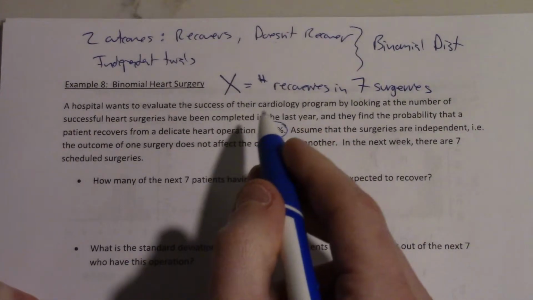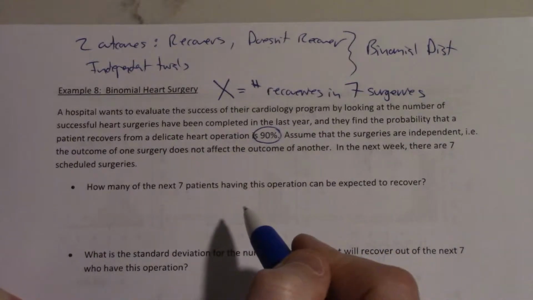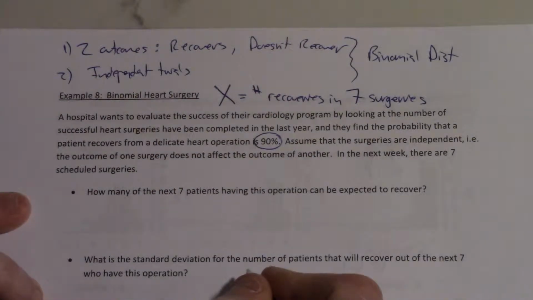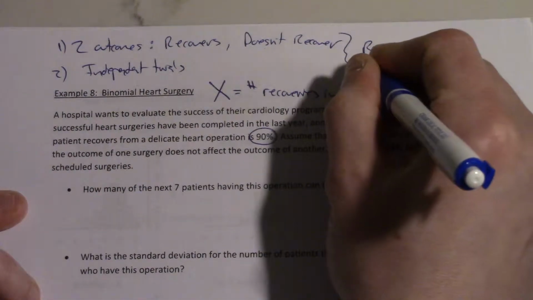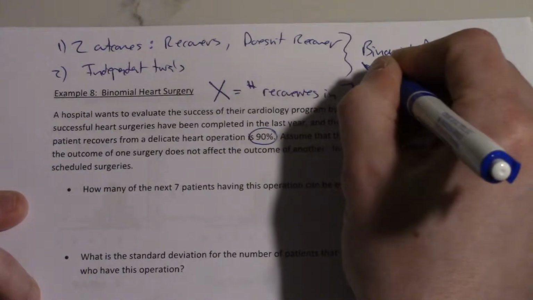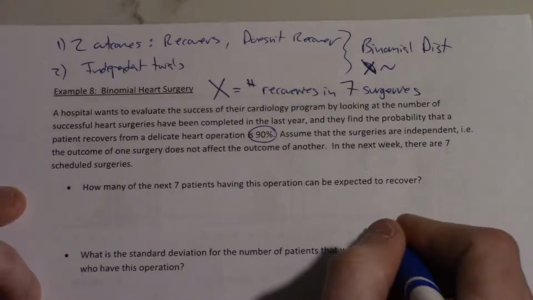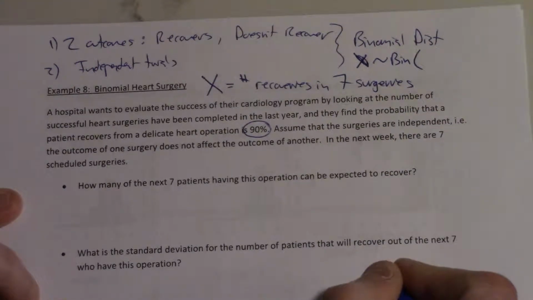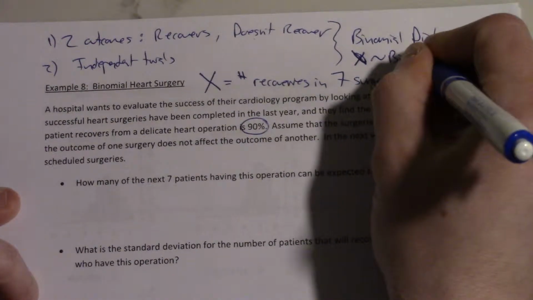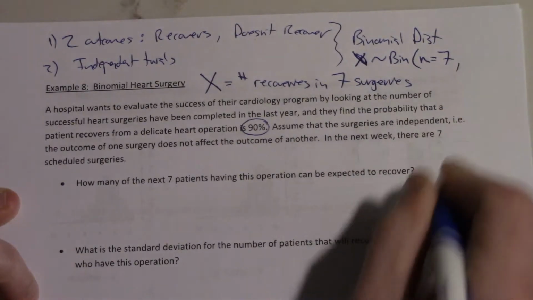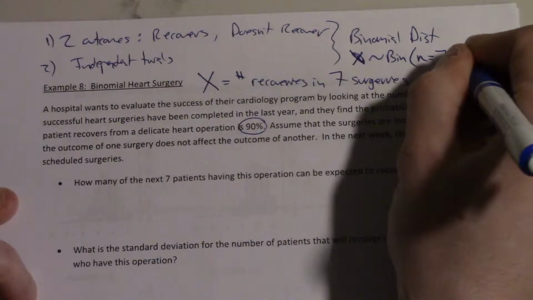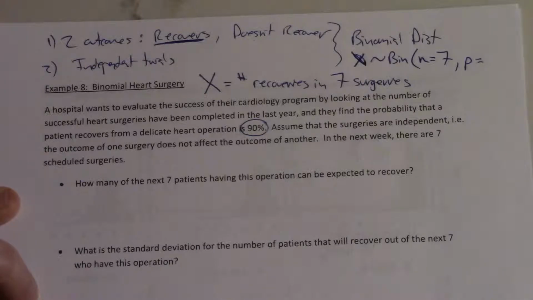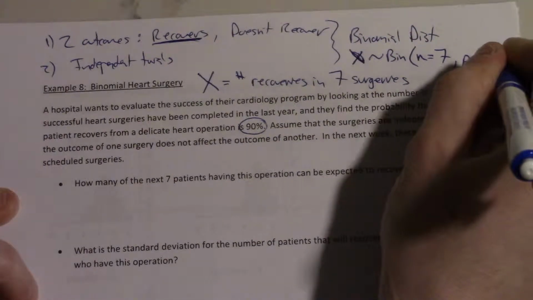So we now know the distribution of X. Because we have these 2 characteristics, we know that big X, squiggly line that stands for, is distributed as a binomial distribution. And we know that N, the number of trials, is 7. And P, the probability of a success, so what we want to see is that someone recovers, we're told was 0.9.